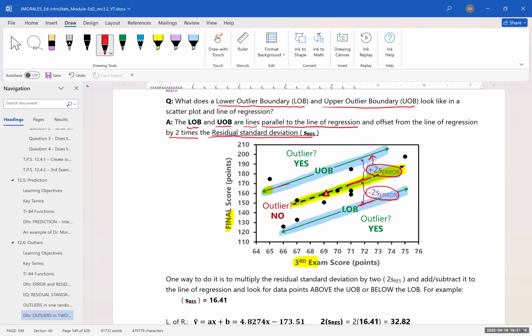And with these two boundaries in place, any data point that's below the lower outlier boundary or above the upper outlier boundary would be considered an outlier. You can see this point right here, that is an identified outlier because it's outside that upper outlier boundary of 2 times the standard deviation of the error. Now, this standard deviation of the error is what I told you in the preceding video how to get in both the NumWorks and the Texas Instruments calculator.